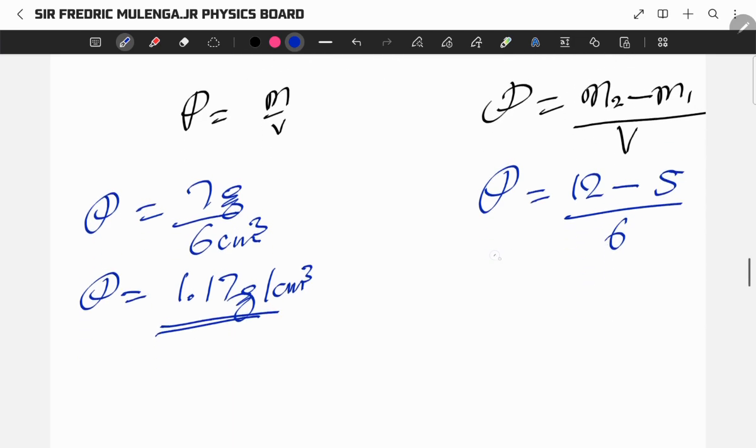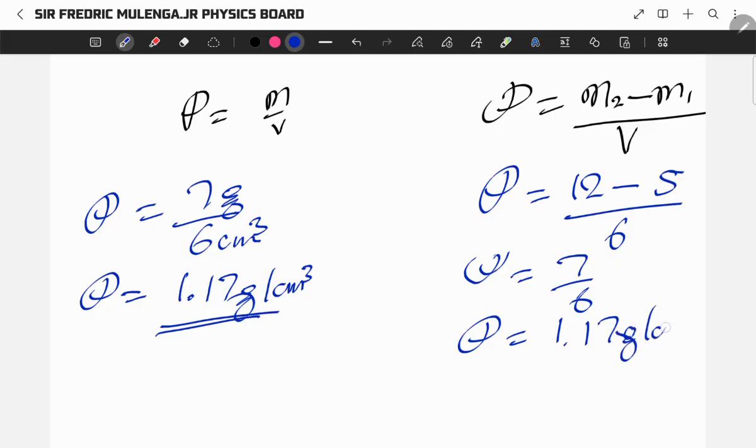This just gives us 7 over 6, which takes us back to 1.17 grams per centimeter cubed. This is how we solve. That's how we calculate the density of liquids.